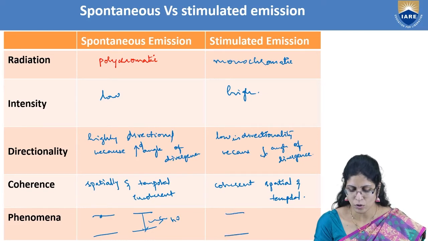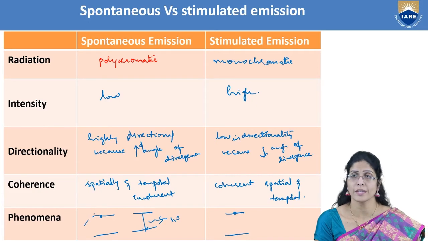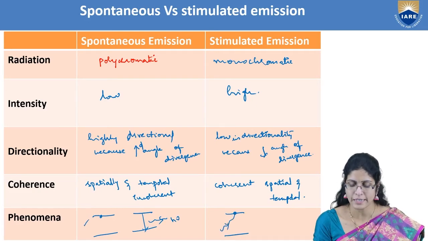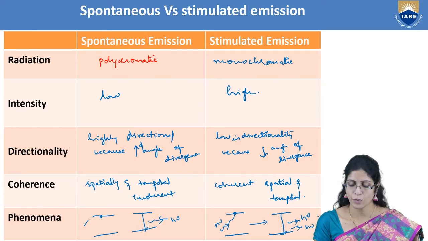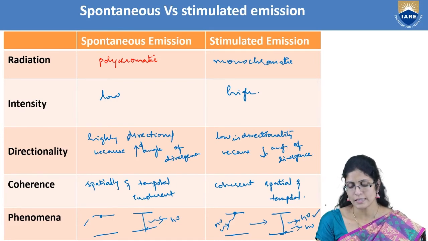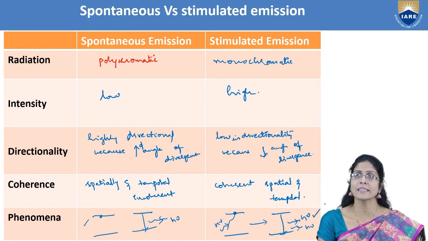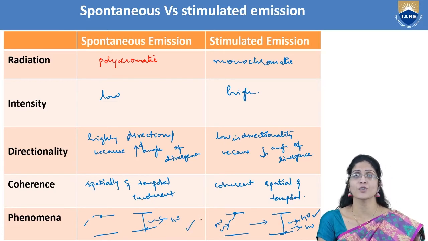Whereas, if this electron stays here for a time greater than in spontaneous emission, and you stimulate it with an external photon, then it leads to a downward transition, giving out 2 photons, which are h nu and h nu, because of the stimulated photon and the stimulating photon. So, this is the advancement of stimulated emission in comparison with the spontaneous emission which you find in normal conventional light sources.